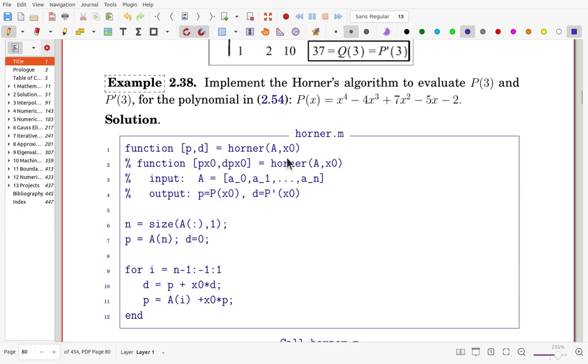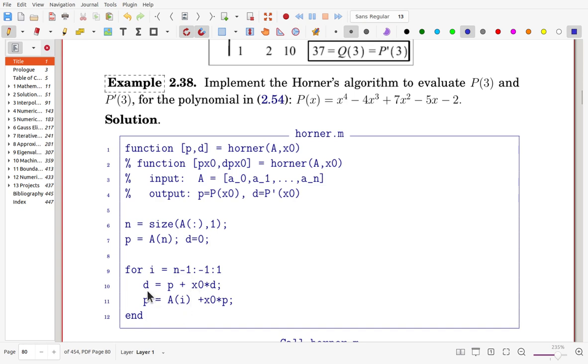Okay, Horner.m is a MATLAB code. Here we assume that the coefficients are given from A0. For some software, if you are using the built-in function to get coefficients from a polynomial, sometimes it's ordered differently, so we assume the coefficients are collected from A0. Then this iteration is the major part of Horner's algorithm.